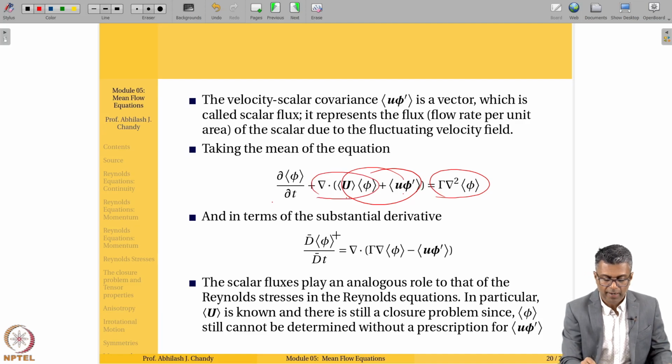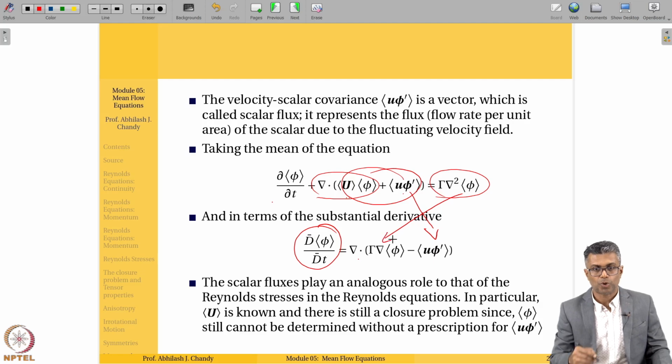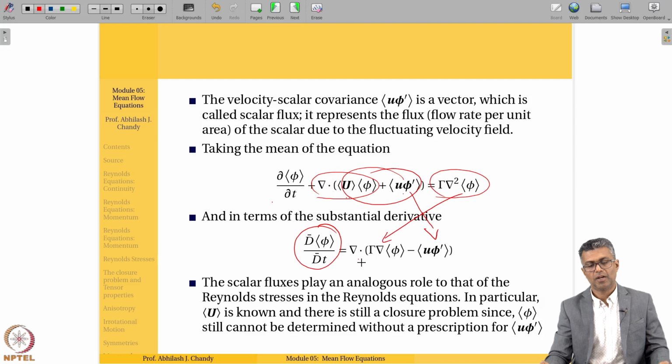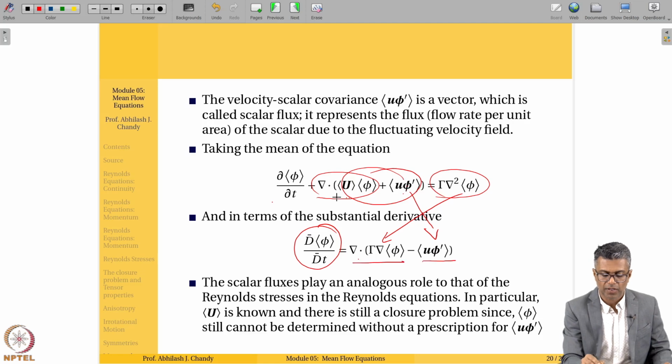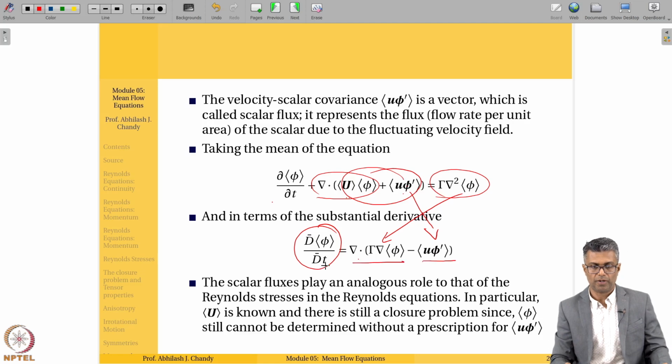So I can write the mean substantial derivative as del dot gamma del phi minus del dot u prime phi prime, which is coming from here. The Laplacian is written as the divergence of the gradient. That is coming from this term here, and everything else gets bundled up into the mean substantial derivative.